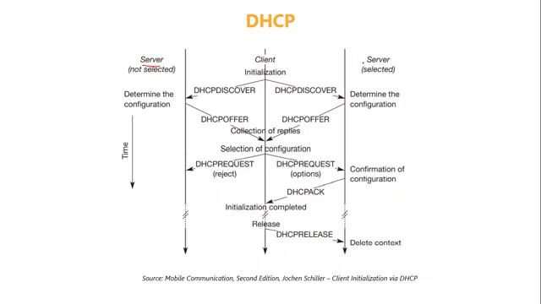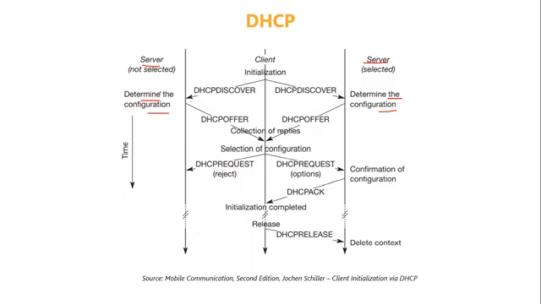Both the DHCP servers receive this message and determine their configuration parameters, that is, what services they can offer. The configuration parameters or services offered by different servers may differ.